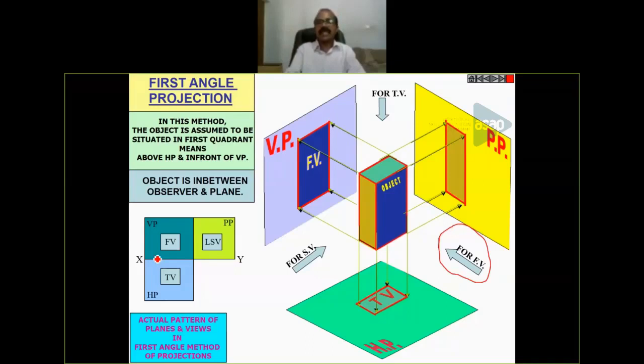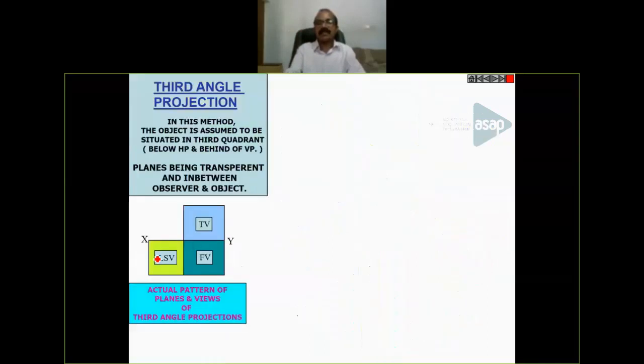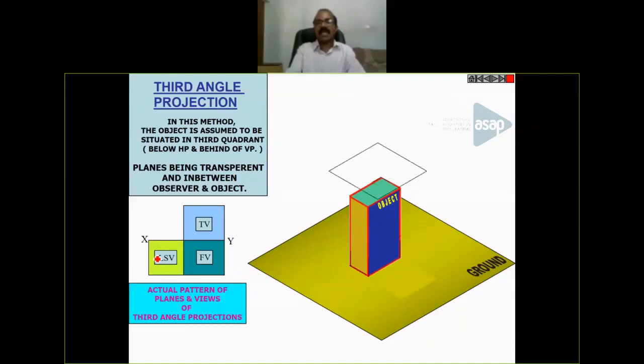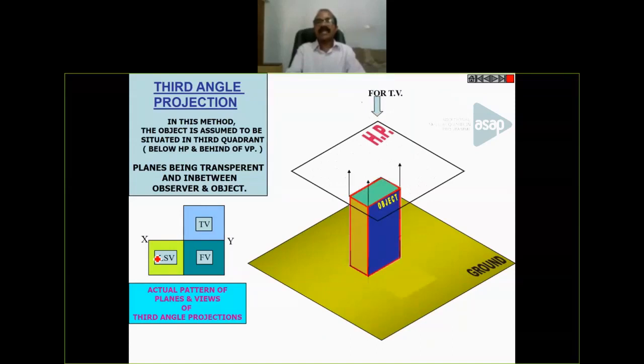Similarly, for the case of third angle projection, there also, as we just discussed, the elevation is below the xy line and the plan is above the xy line. So here see the ground surface, then you can see the horizontal plane, and there you can see the vertical plane also. The line of intersection is over the upper side. See, now the object is in the third quadrant. That's why it is represented like that.